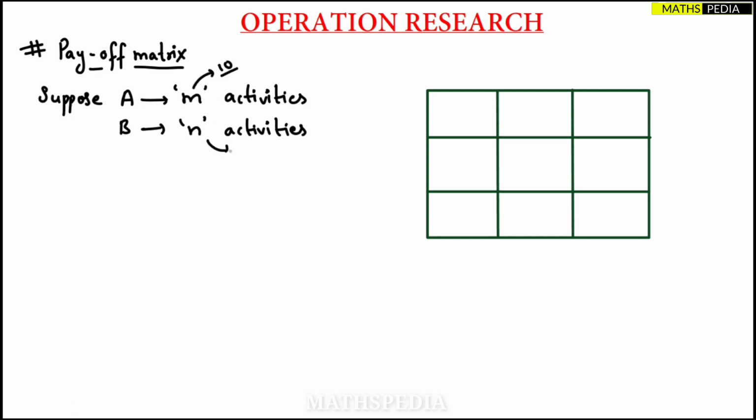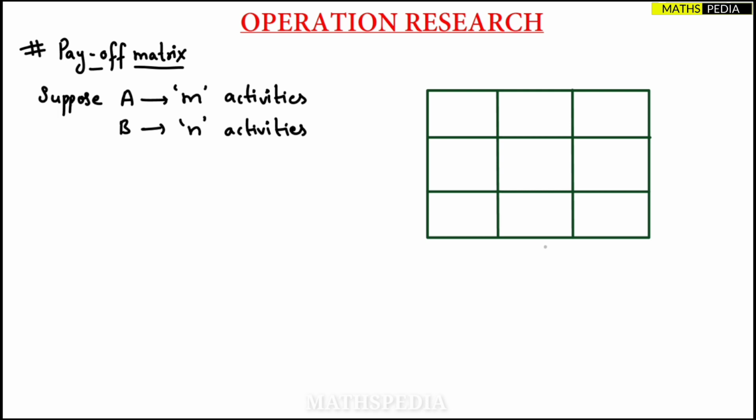It is not necessary that the number of activities should be the same. If A is doing 10 activities, it is not necessary that B should also do 10 activities. He can do 9, more than that, or less than that, anything is fine. It is just a number of activities. Don't think that I have made a square matrix like that. It does not depend on the number of rows and columns, always remember.